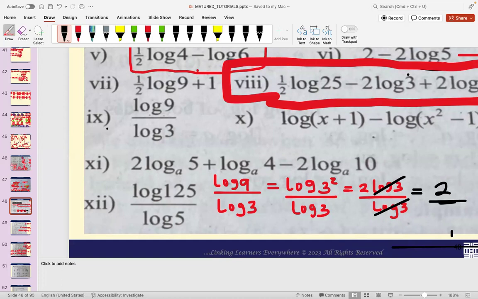Okay, sir. Is there another way you can use to solve this one, using one of the laws of logs? Yes, there are other ways, and that is a good question.